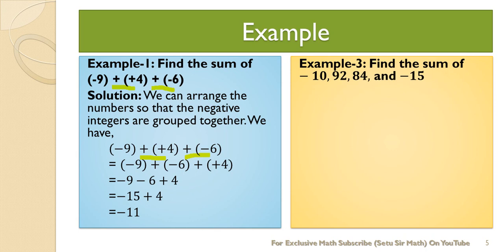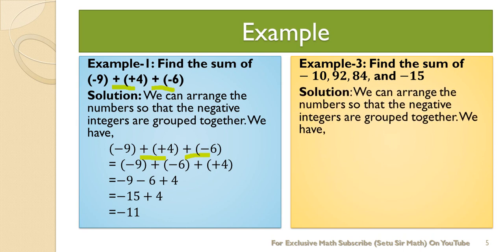Find the sum of minus 10, 92, 84 and minus 15. Solution: we can arrange the numbers so that the negative integers are grouped together. We have it like this: minus 10 plus 92 plus 84 minus 15, and we can make a group of negative numbers.